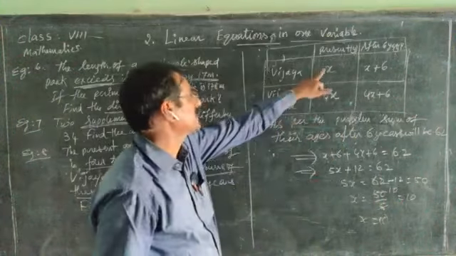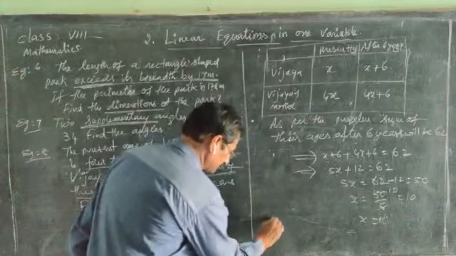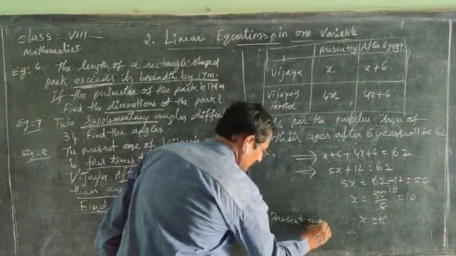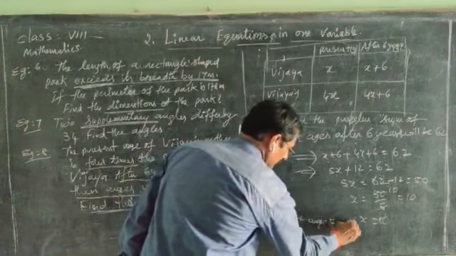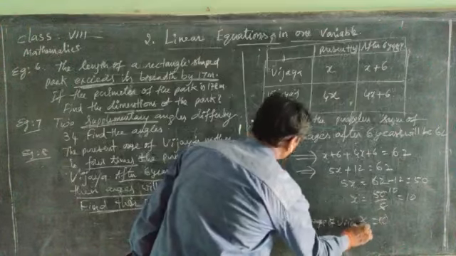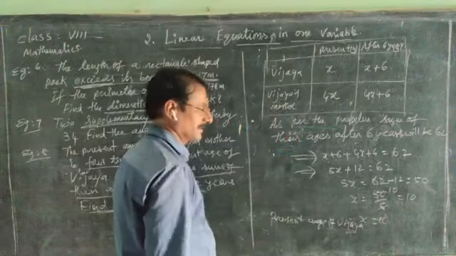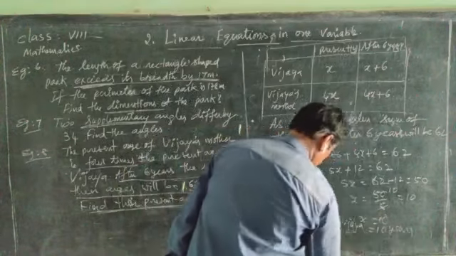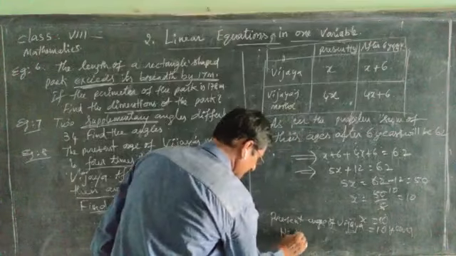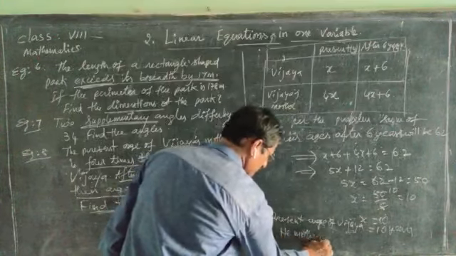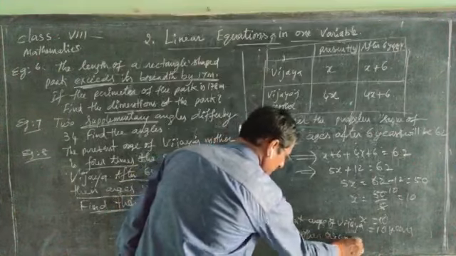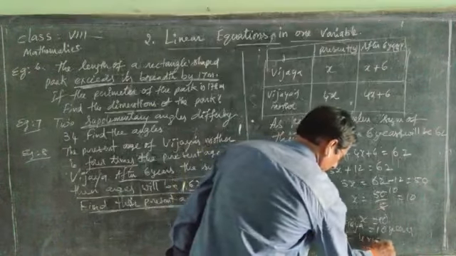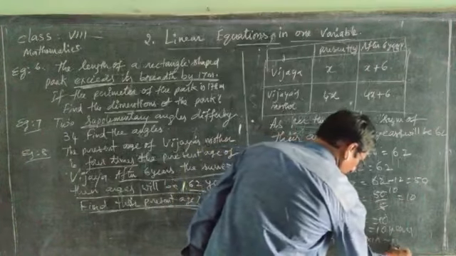What is x? Present age of Vijaya. Equal to how much? 10 years. Her mother's age equals how many times? 4 times. 4 into 10, 40.